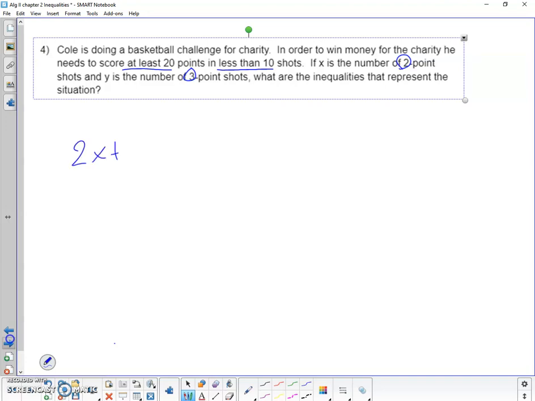Okay, so if we have 2x plus 3y, are we greater than 20 or less than 20? Greater than, right? We need at least 20, which means greater than or equal. Alright, which leaves our x plus y, is less than 10 shots.